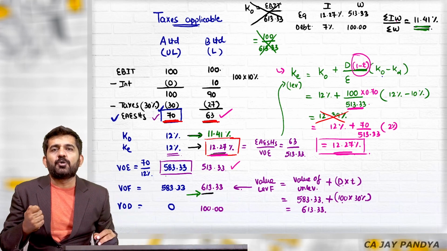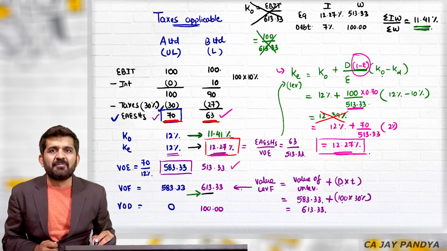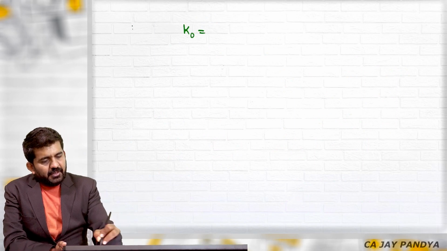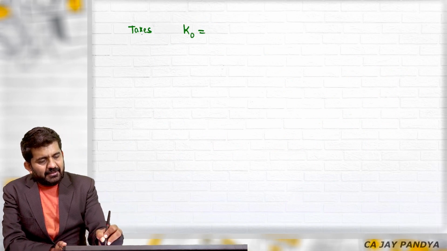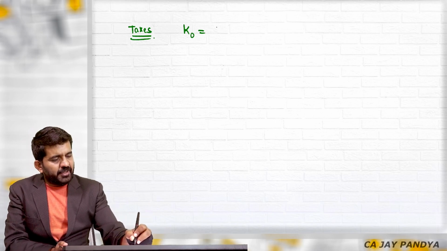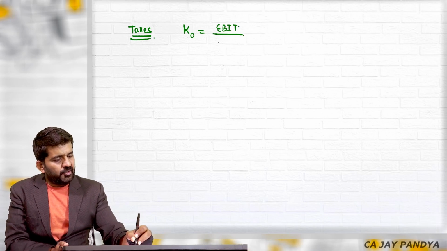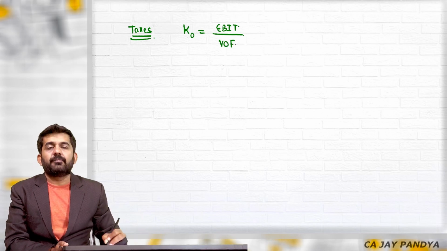Let me go into details of KO also. See, I have continuously told you that whenever taxes are applicable, at that time you cannot use this formula: KO is equal to EBIT upon value of a firm.